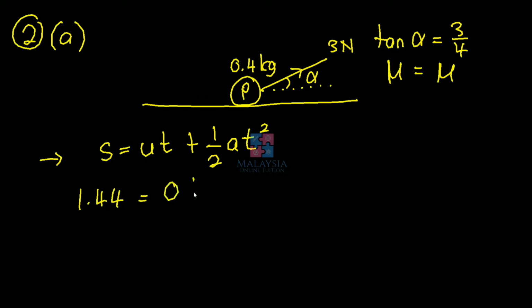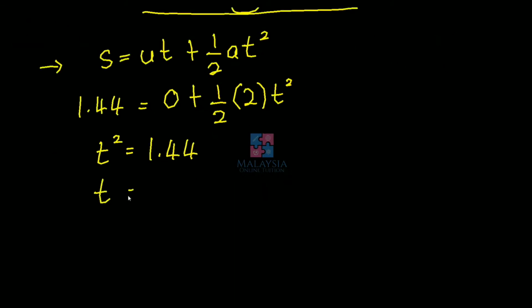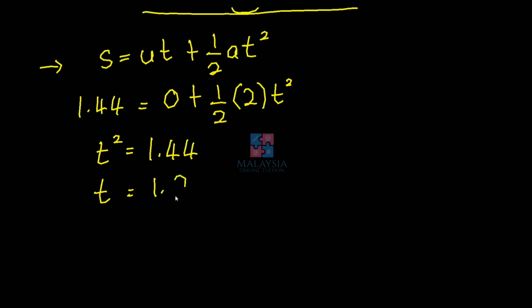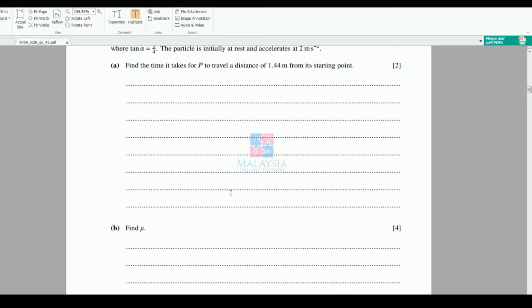So 0 plus half of your a, acceleration is 2, times t squared. You know that 1 over 2 times 2 will be 1, so leaving us with only t squared equals 1.44. Finally our value of t will be equal to the surd of 1.44, and that will be 1.2 seconds. So this will be the final answer for question number 2, part A.